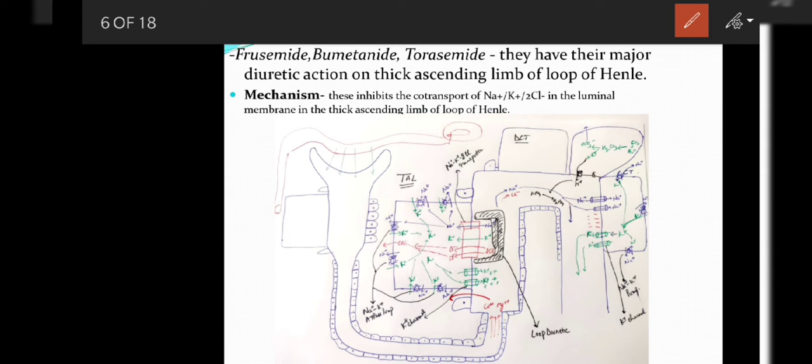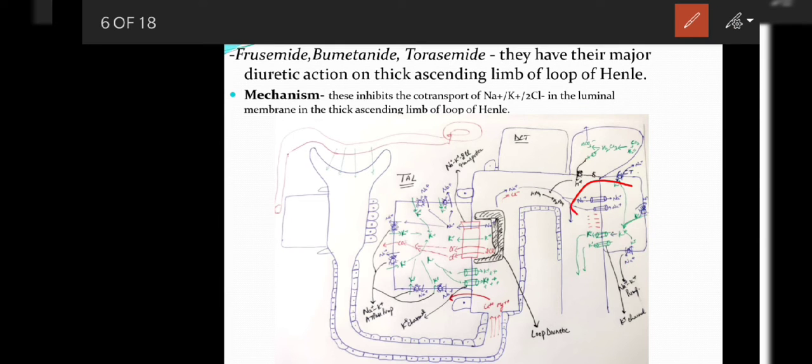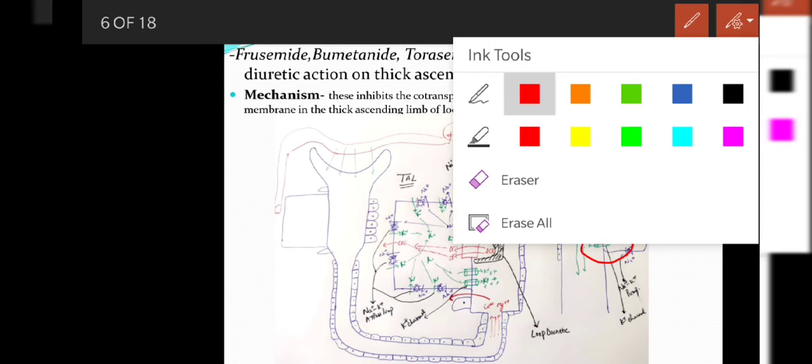now we'll focus on this part of the nephron, which are the principal cells of the collecting tubule. Now, like other cells, this side is the basolateral side of the principal cell of the collecting tubule, and this is the luminal side. The basolateral side has sodium potassium pumps present on its membrane, and the luminal side has sodium channels and potassium channels.